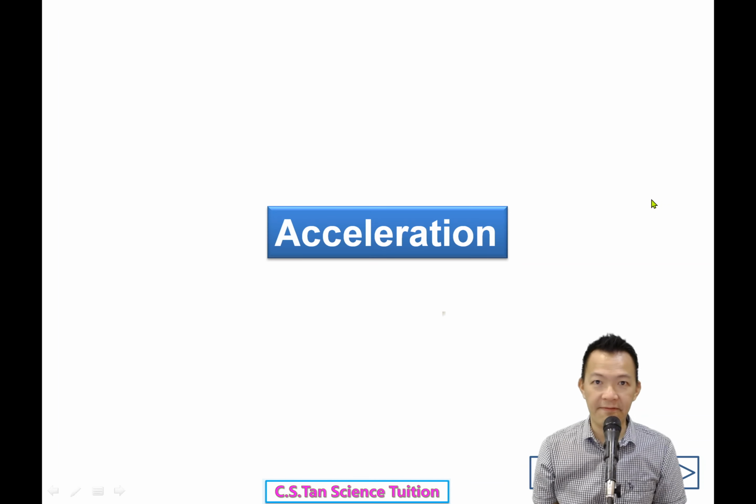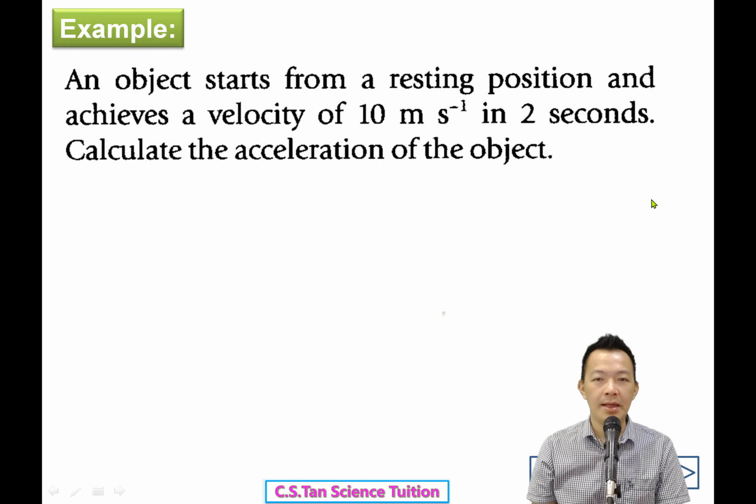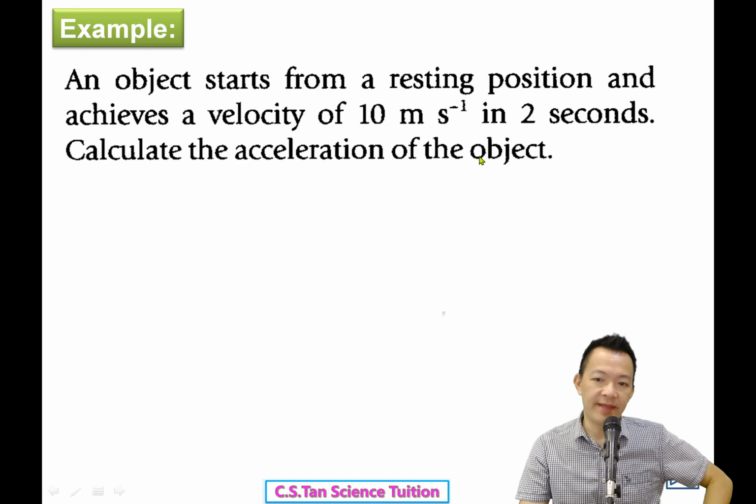Okay, enough. Next. So now we go to some examples, 试试看 An object starts from a resting position and achieves a velocity of 10 meter per second in 2 seconds. So a stopping object 停着的东西 achieves a velocity of 10 meter per second in 2 seconds. Calculate the acceleration of the object.